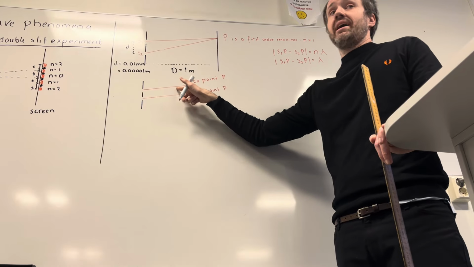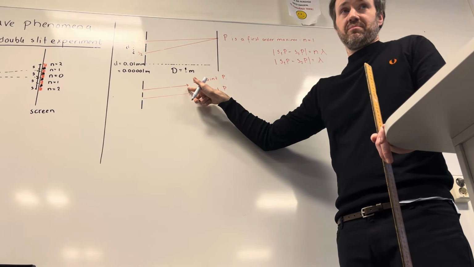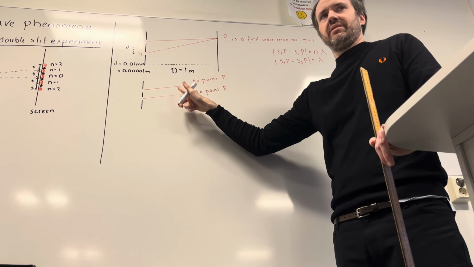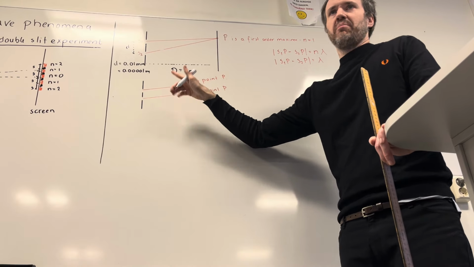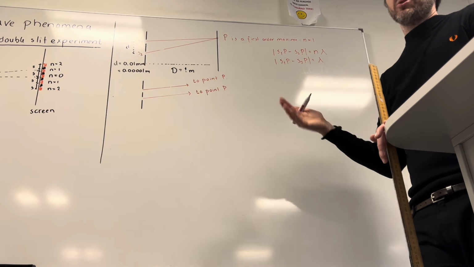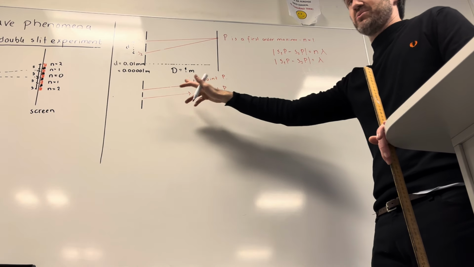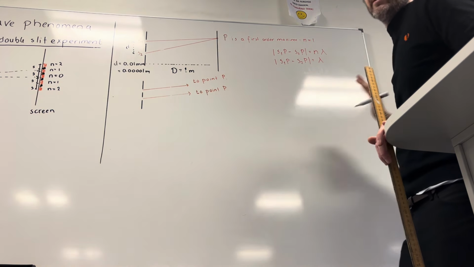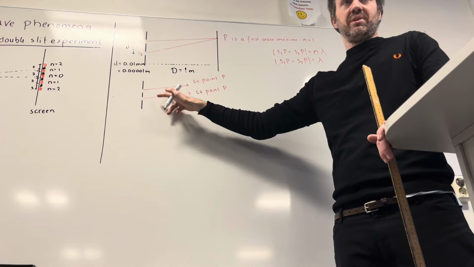Yeah, but these two end up at the same place. This one is slightly steeper than this one. That's the only way to draw it. I can't draw a point P here because you have to draw it to scale. But point P is somewhere over here where this kind of meets up.